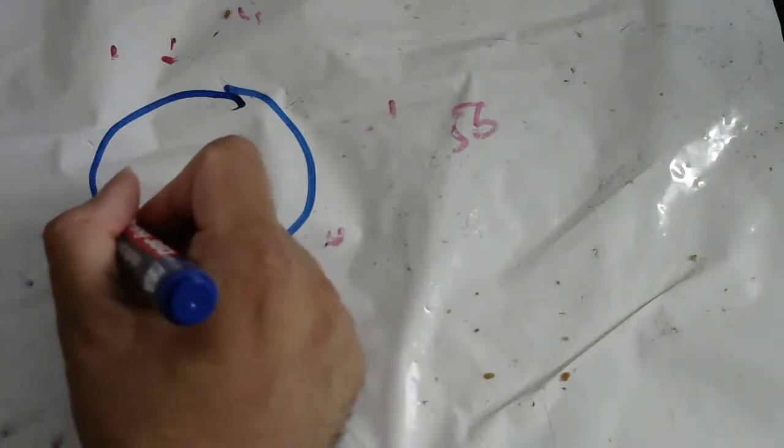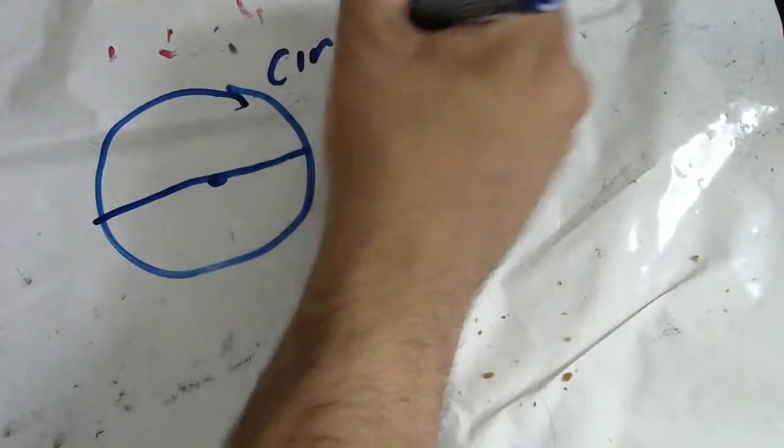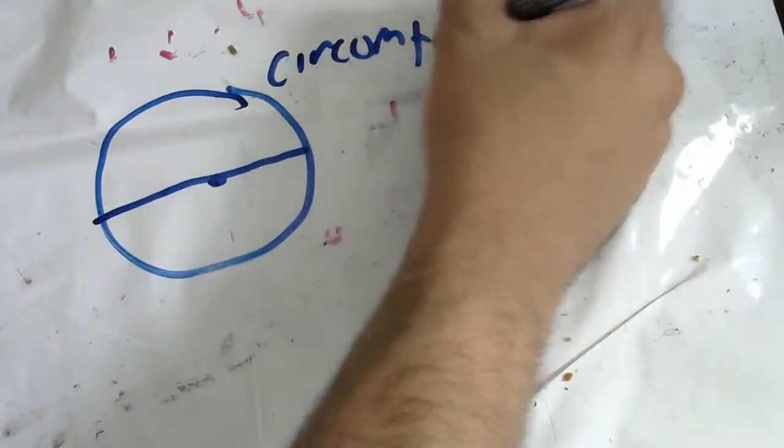What is the line that goes from edge to edge through its center? So there's circumference for you if you didn't know how it was spelled. What's the line that goes from edge to edge, but also goes through the center?